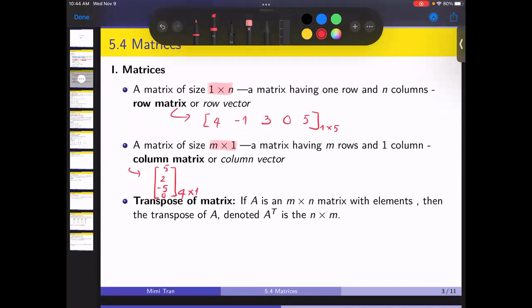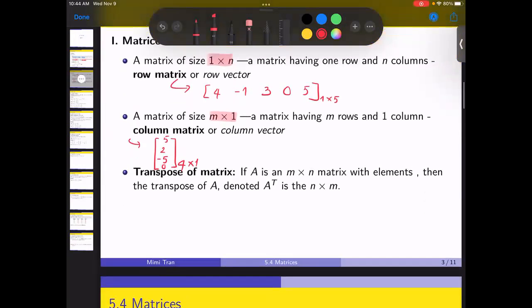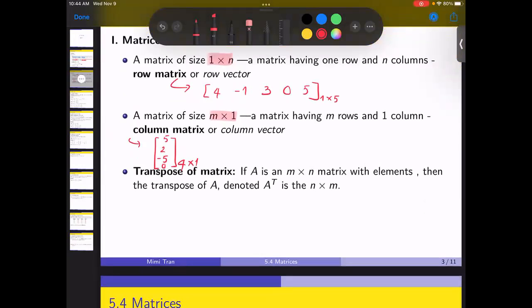Transpose matrix. I like this one. It's an important one. Maybe we don't use this a lot in this class, but for linear algebra, it's important. If a given matrix A has a dimension of m by n, then its transpose will have a dimension of n by m.